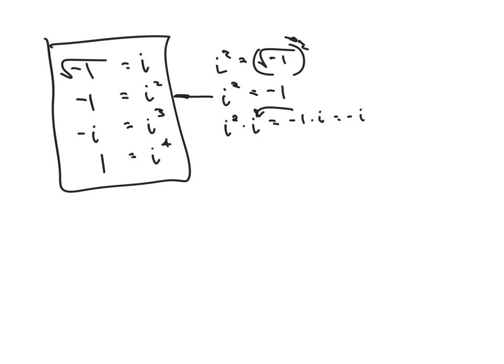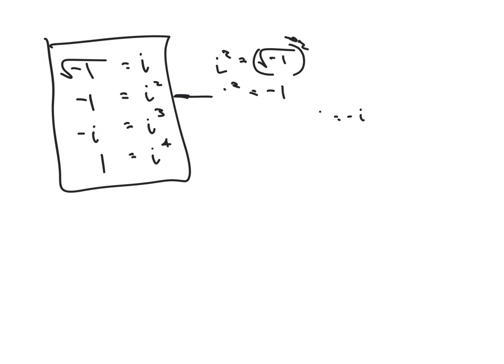Okay, i to the 4th. i to the 4th is the same as i squared times i squared, which is -1 times -1, which is a +1. So that's where those came from.